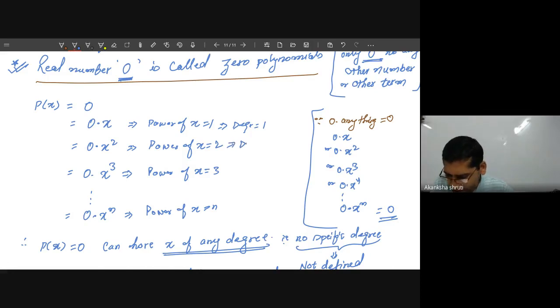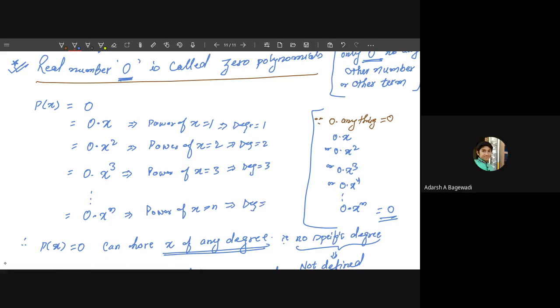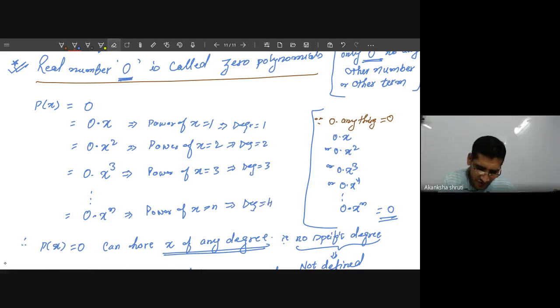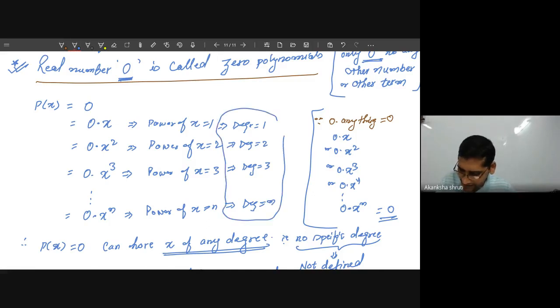This tells us the degree should be 2, this tells us 3, this tells us n. So what shall I take? Among these, what shall we take?